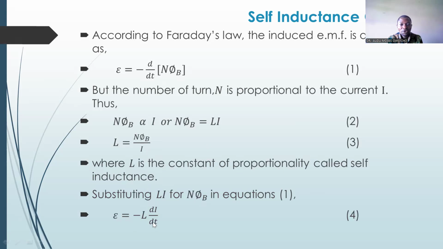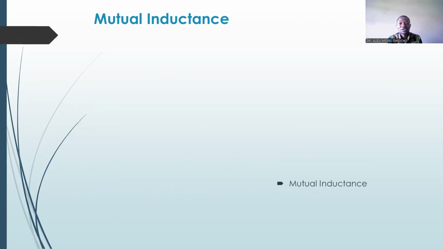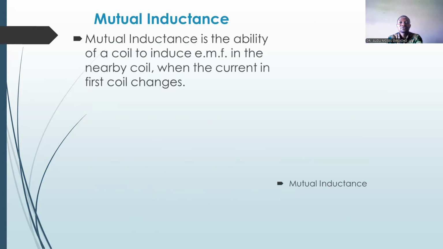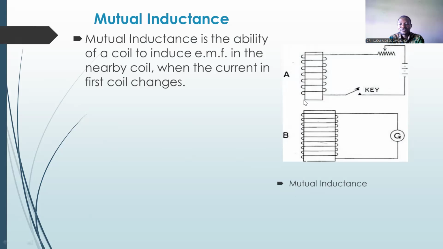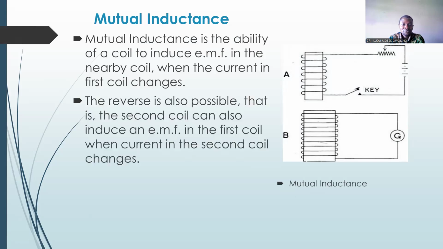current in the coil. Let's look at mutual inductance. Mutual inductance is the ability of a coil to induce EMF in a nearby coil when the current in the first coil changes. As we can see here, we have two coils, A and B. If the current in A changes, it can induce EMF in coil B, and this will be detected by the galvanometer.